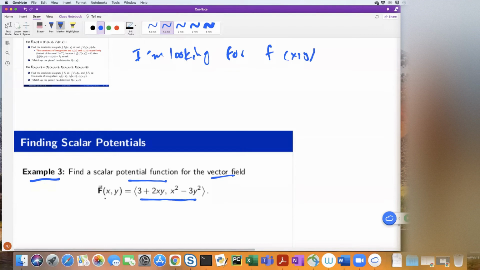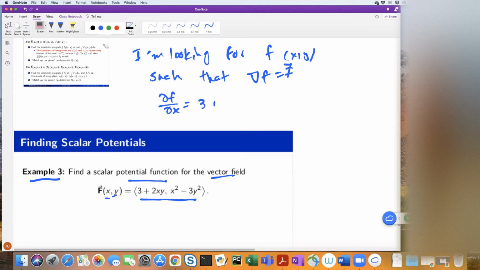See, there are 2 variables here. This is a potential function for functions of 2 variables, right? I'm looking for f of x and y such that the gradient of f is equal to F, right? That means that the partial of f with respect to x is equal to 3 plus 3x, no, 3 plus 2. My bad.